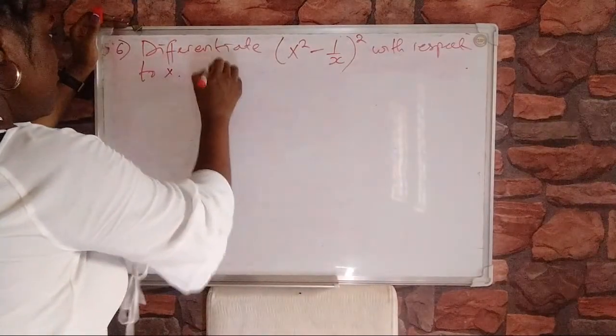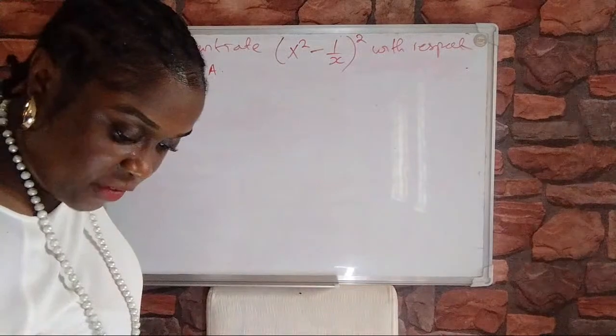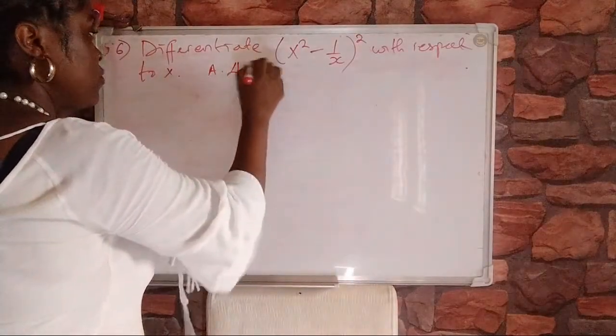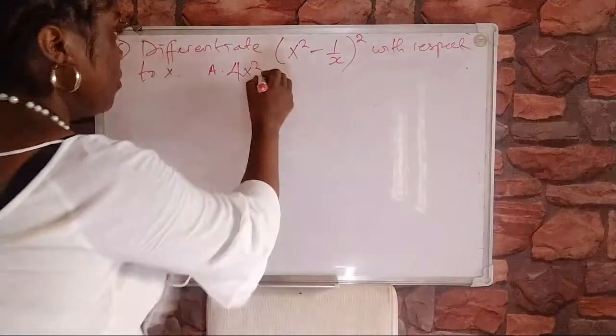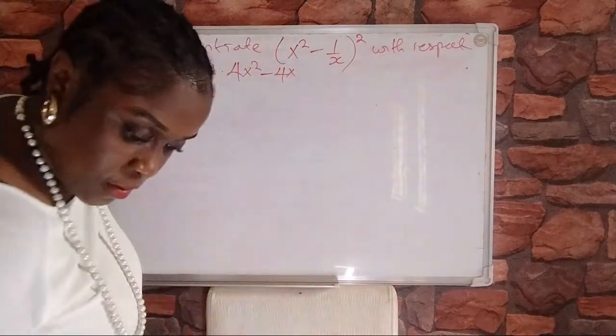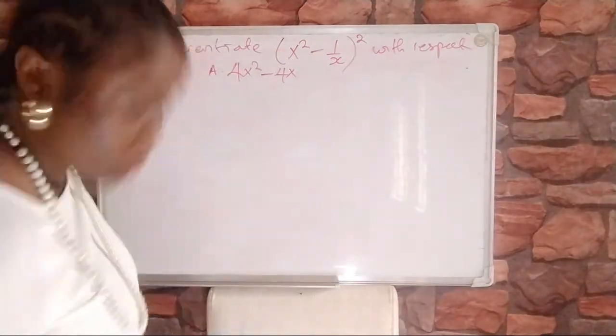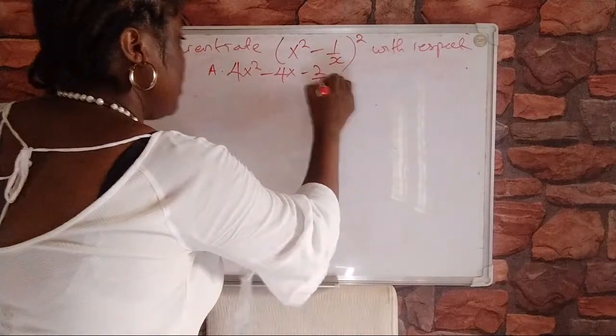All right? Our options: A gives us 4x squared minus 4x minus 2 over x.